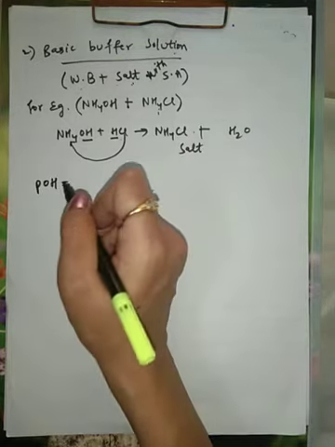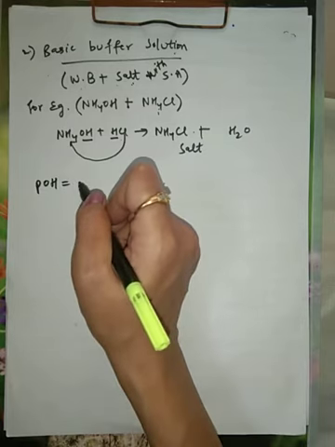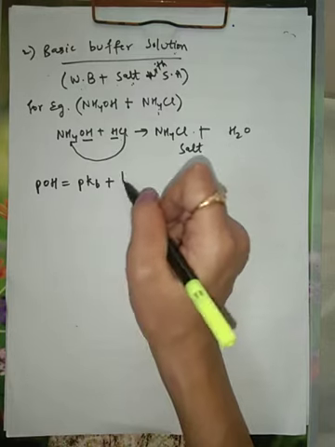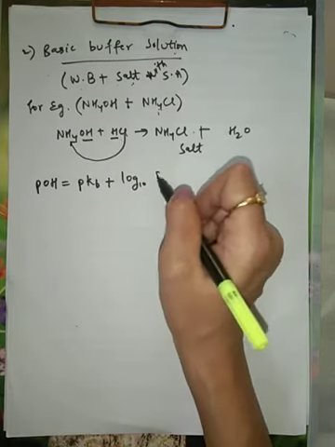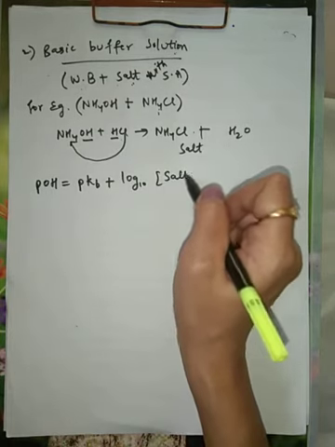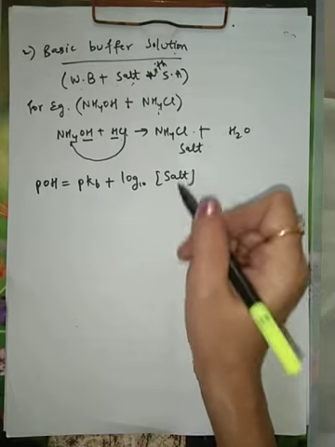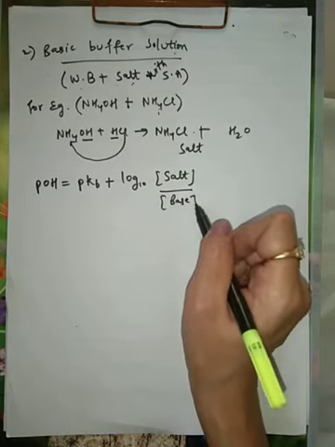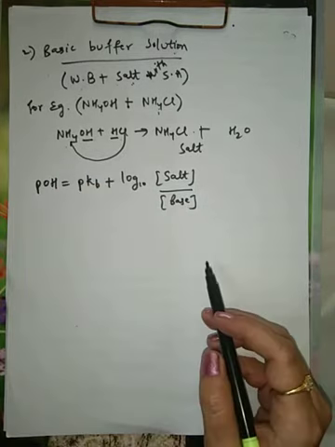The pOH of the basic buffer solution will be what? It is equal to pKb plus log to the base 10 of the concentration of the salt, obviously ammonium chloride in this case, upon the concentration of the weak base, ammonium hydroxide in this case.